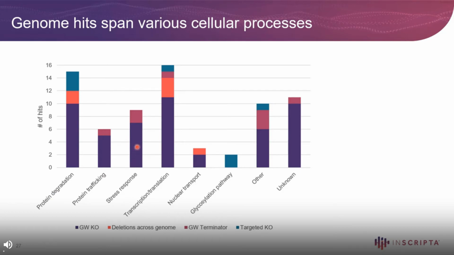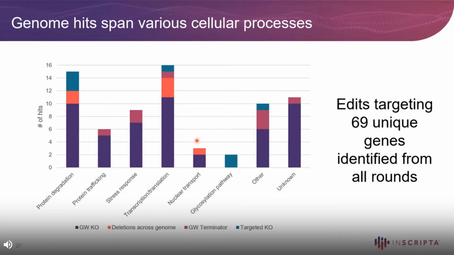You need to optimize transcription and translation machinery and nuclear transport. So it was exciting that these are all processes you might imagine to be important for heterologous protein production. And in total, 69 unique genes were targeted for edits from the hits that we identified from these various library strategies.